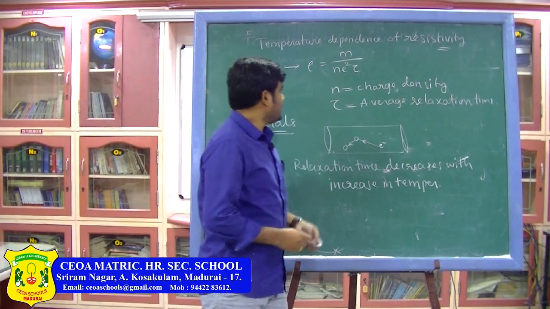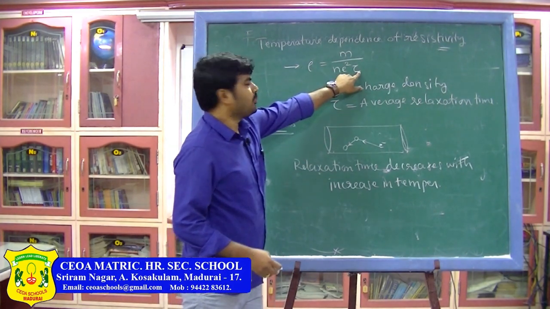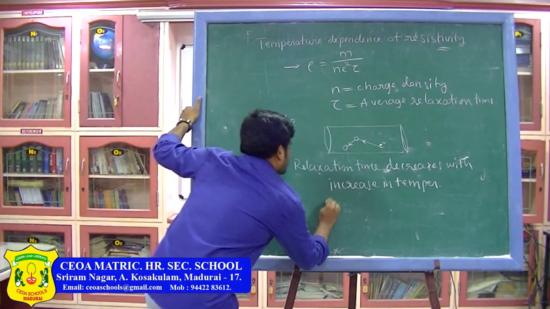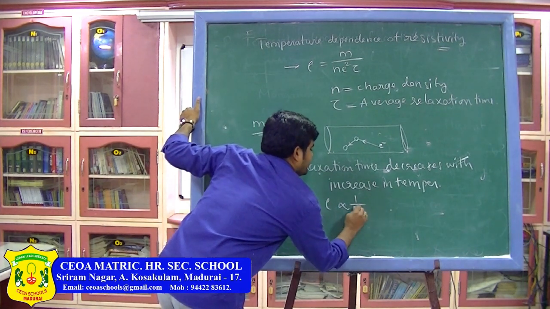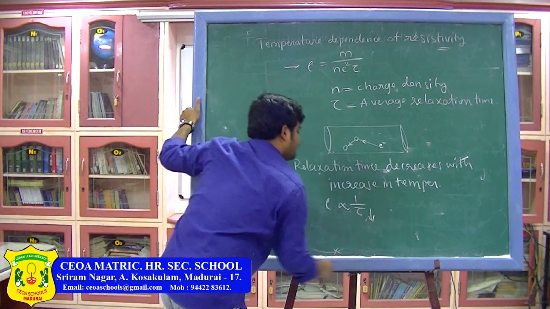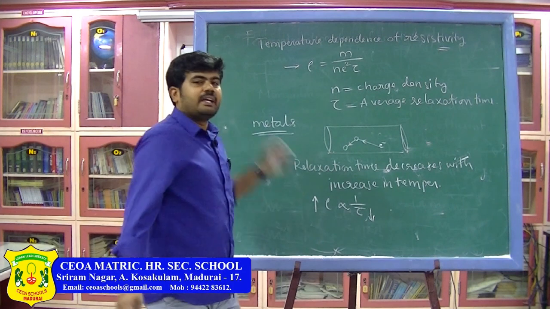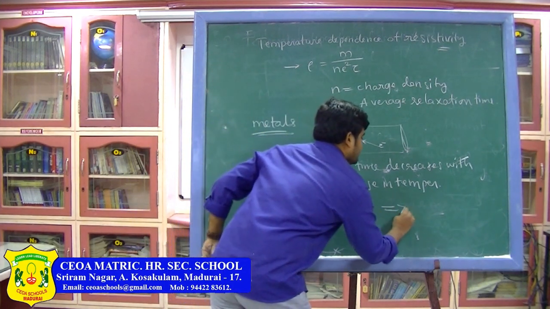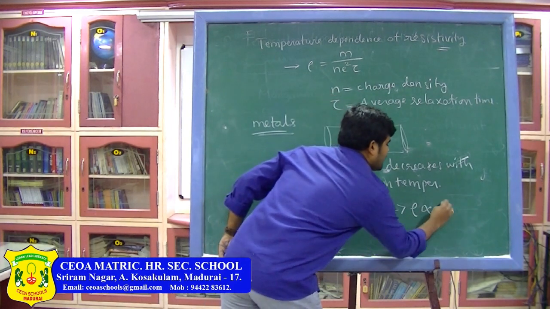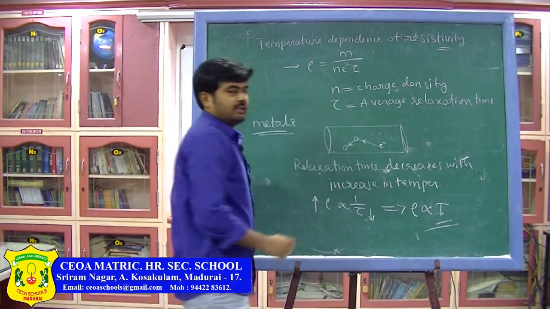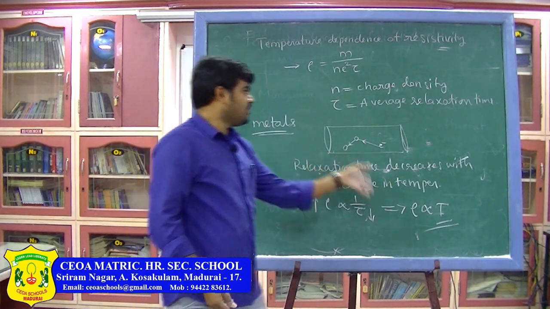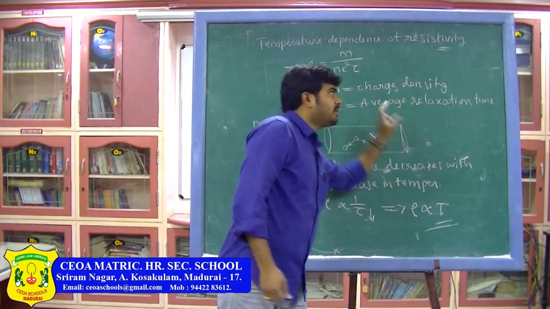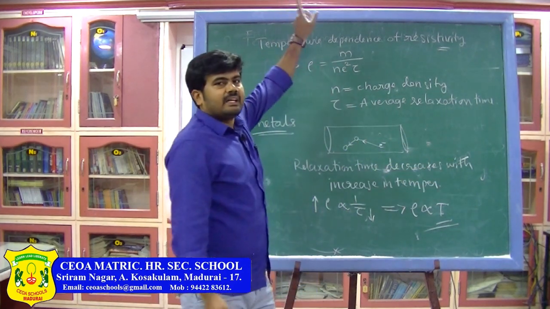Now if you observe clearly, resistivity is inversely proportional to relaxation time. So as the relaxation time decreases, the resistivity of metal increases with the increase in temperature. So you can write that resistivity is directly proportional to temperature for metals. With increase in temperature, relaxation time decreases, so the resistivity will increase for metals.